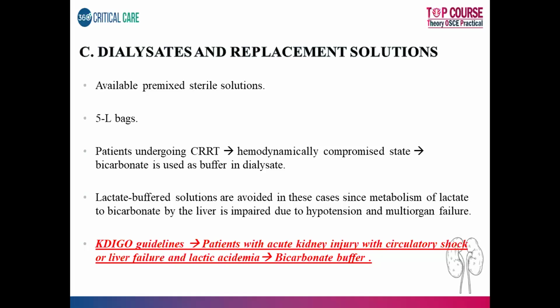Lactate buffered solutions are avoided when the patient is hemodynamically unstable because the metabolism of lactate to bicarbonate by the liver is impaired due to hypotension and multi-organ failure. Hence, the KDIGO guidelines say that in patients with acute kidney injury with circulatory shock or liver failure and lactic acidemia, bicarbonate buffer is the one to be used.